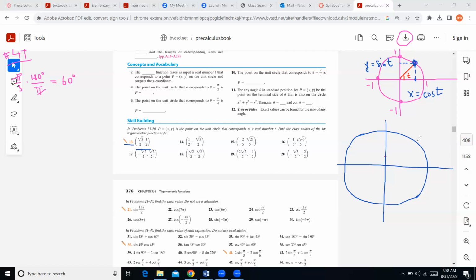So notice that this pair is x equals radical 3/2 and y is 1/2. So I can imagine the point right in between 0 and 1, because again, that's a unit circle.